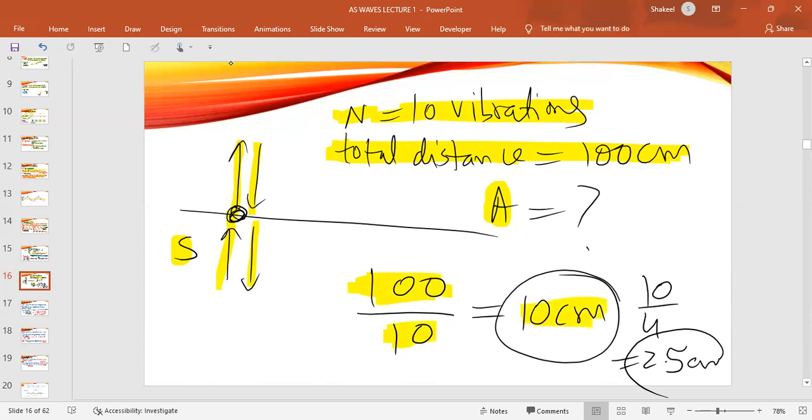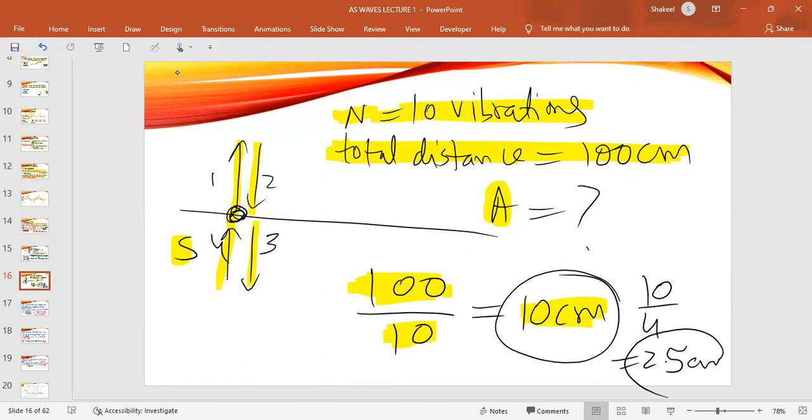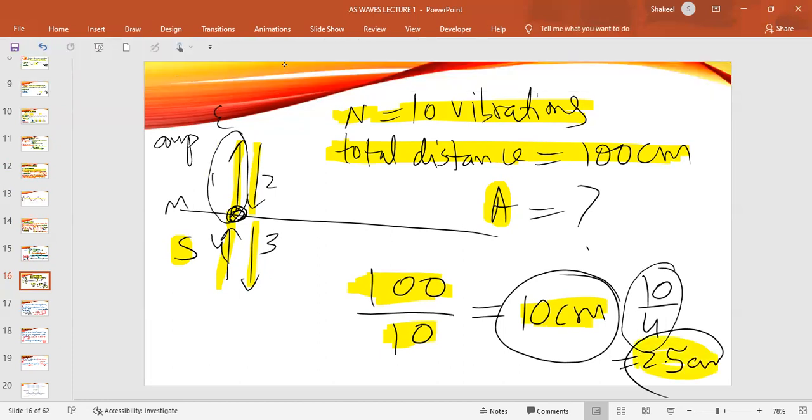That is 10. Then in one oscillation there are 4 parts, and the length of one part is the amplitude because it is from mean to extreme. So you divide 10 by 4 to get 2.5. So 2.5 centimeter is the amplitude of this source.